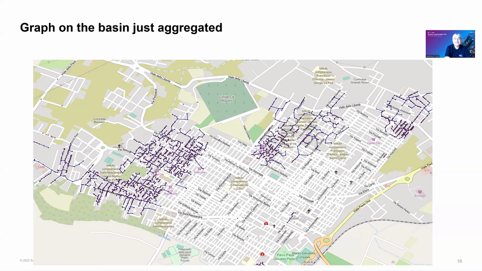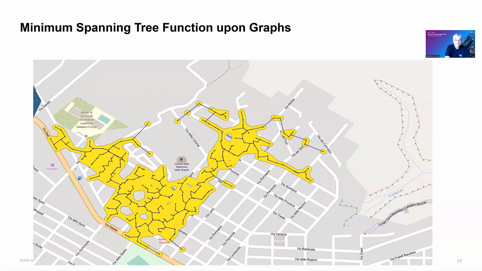So as soon as the cluster basin is aggregated, you build the graph and you run, in this case, MST, minimum spanning tree, which is a function to calculate the minimum distance of all the points of a cluster. This is already a very good estimation of the cost that you are going to support in order to bring FTTH to all the others.